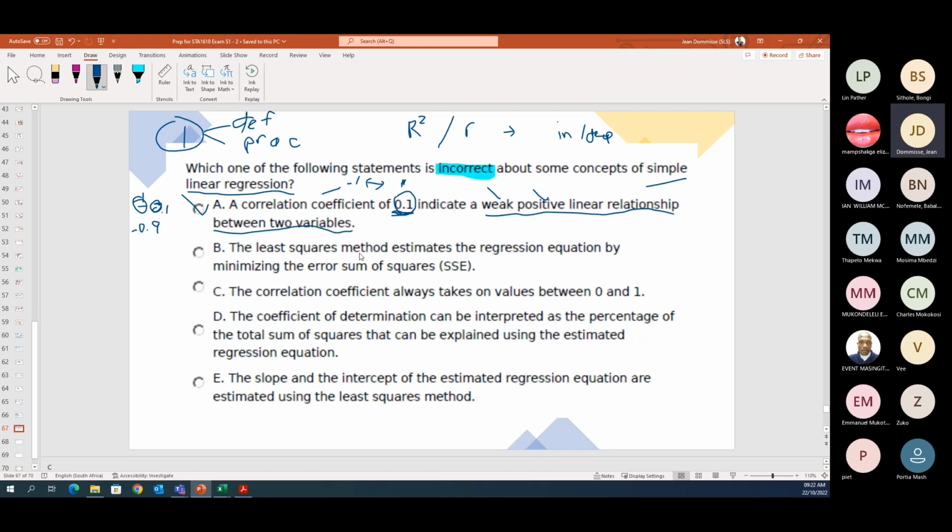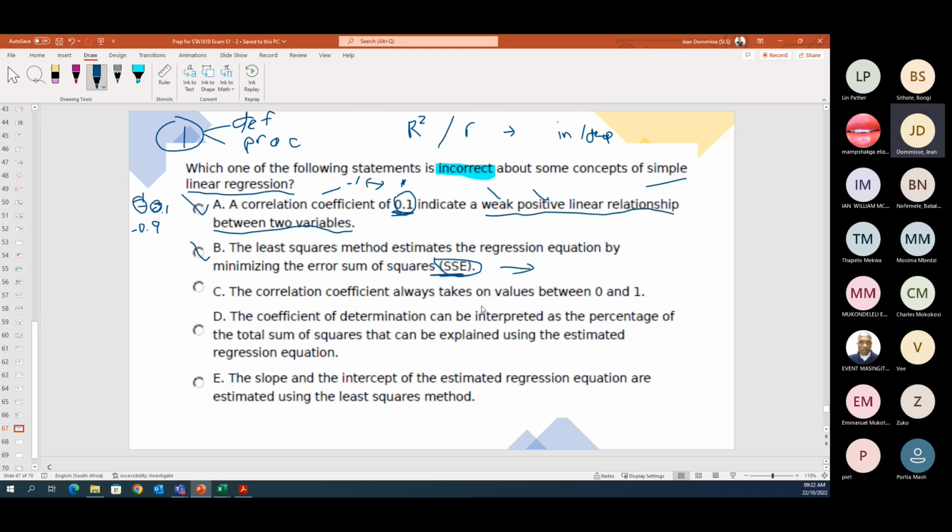The least square method estimates the regression equation by minimizing the error sum of squares. This is somewhere in the book. It is just a definition that you need to know. This goes on later to maximum likelihood estimation and those kinds of things, so don't really worry about the rest of this, but it is in the book.